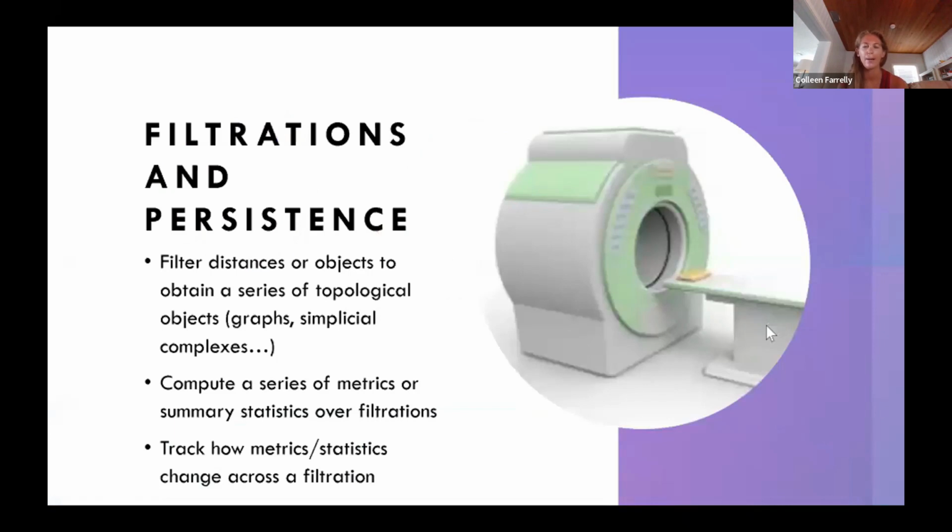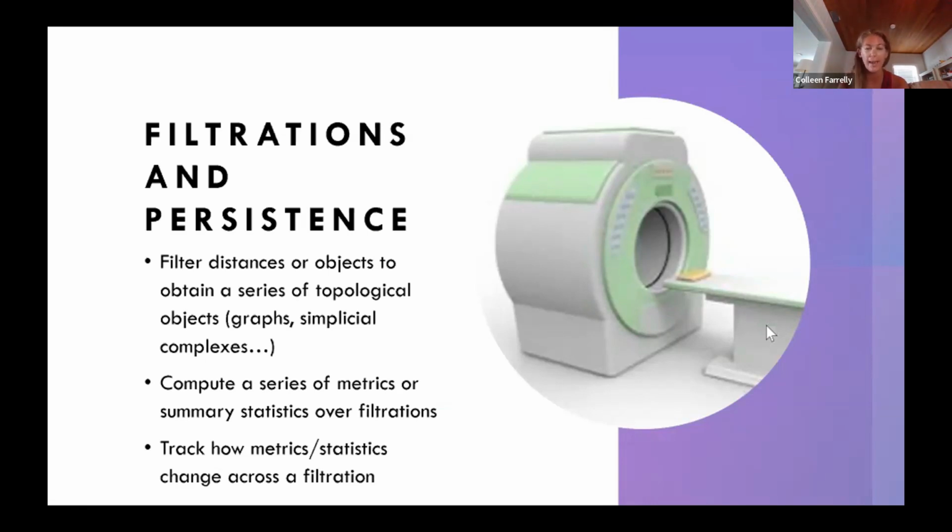And when we put all of this together, we get the notion of filtrations and persistence. So we can filter distances or objects to obtain a series of objects. So we can obtain a series of graphs, we can obtain a series of simplicial complexes based on distances. And we can compute metrics of interest over these objects.